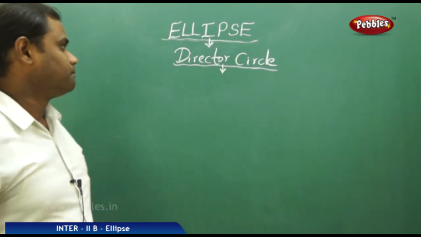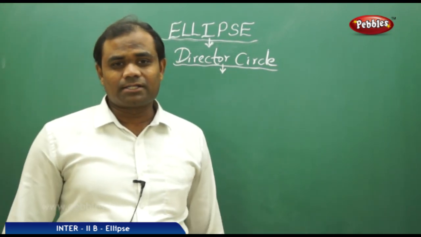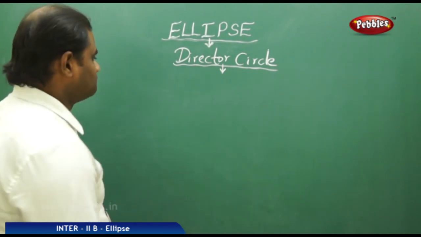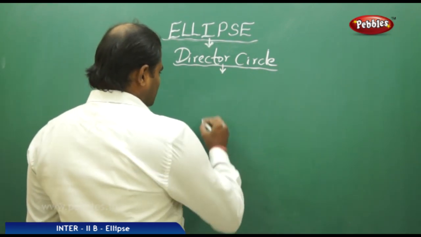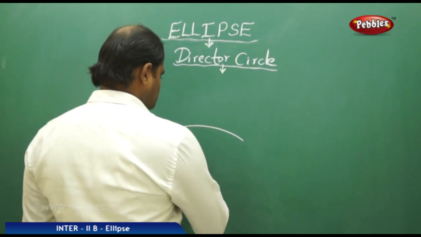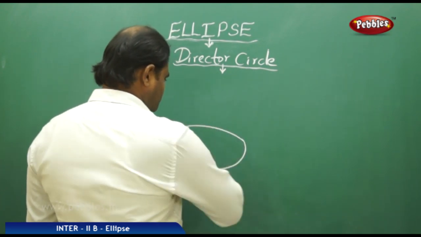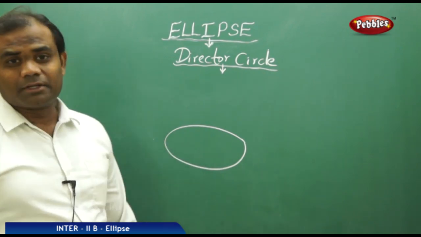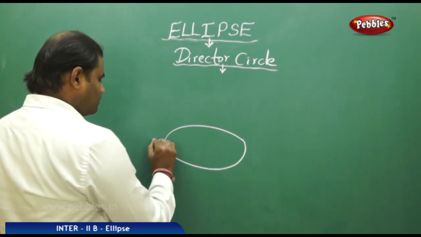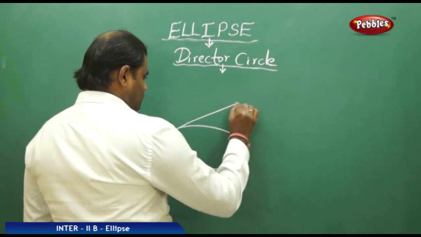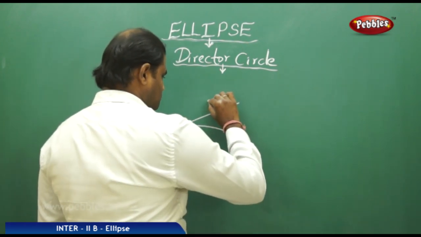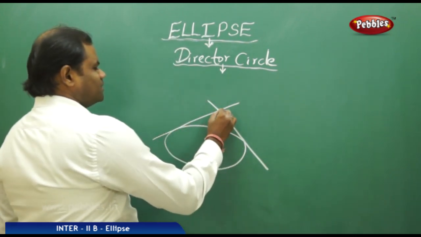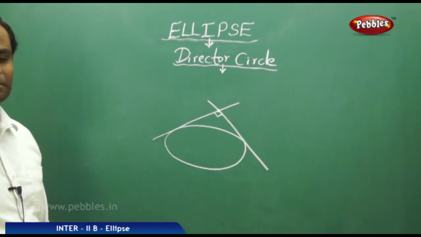Director circle. Now let's see how a director circle is obtained from an ellipse. Now see here, if I have an ellipse and I take the pair of tangents which are perpendicular to each other. Say my pair of tangents from here and here are perpendicular, with this one pair being out here.